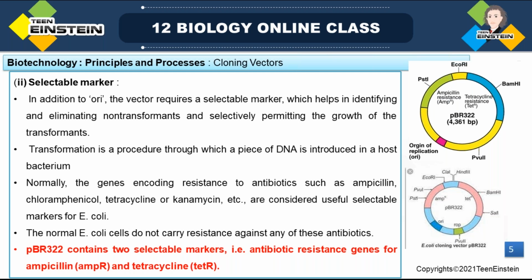Those will be the common host cell or the common vector only. Only the cells having the gene of interest are the ones we need to select, and for that purpose we use selectable markers. A selectable marker helps to identify the transformed cells or recombinants, and to eliminate the non-recombinants, supporting the growth of recombinants.